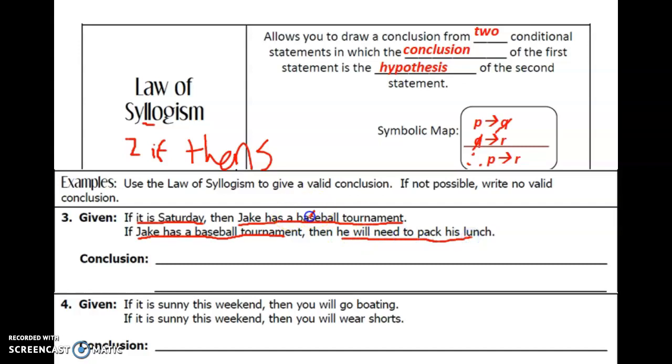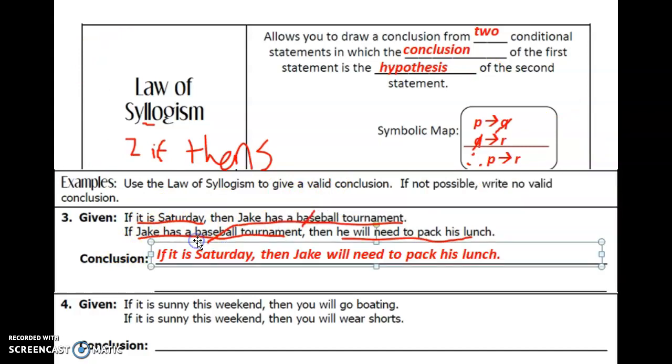Because my conclusion matches my hypothesis of the second, I can cut those out. They're the same. And I'm left with the conclusion. If it is Saturday, then Jake will need to pack his lunch. So I'm cutting out the thing that's the same in the middle. And I'm left with, if it is Saturday, then he will need to pack his lunch.